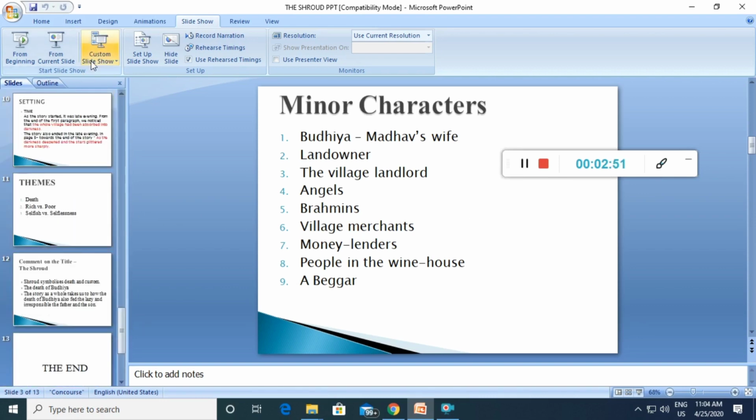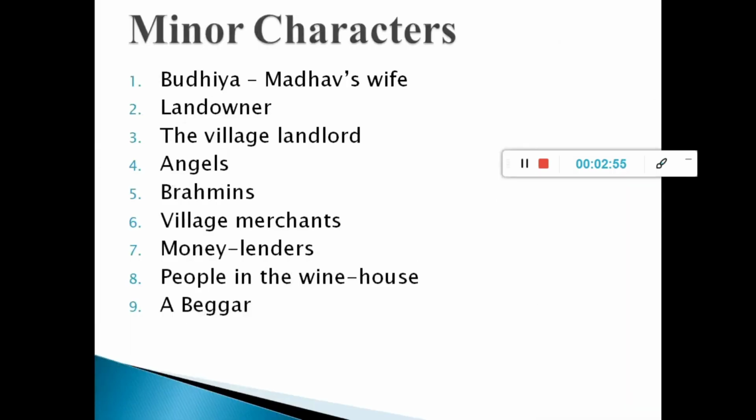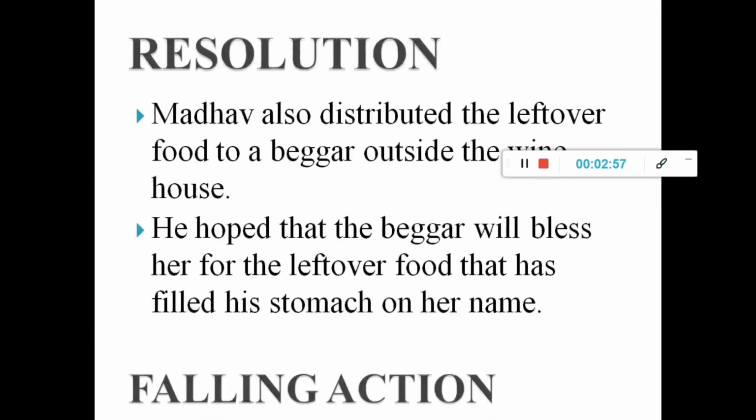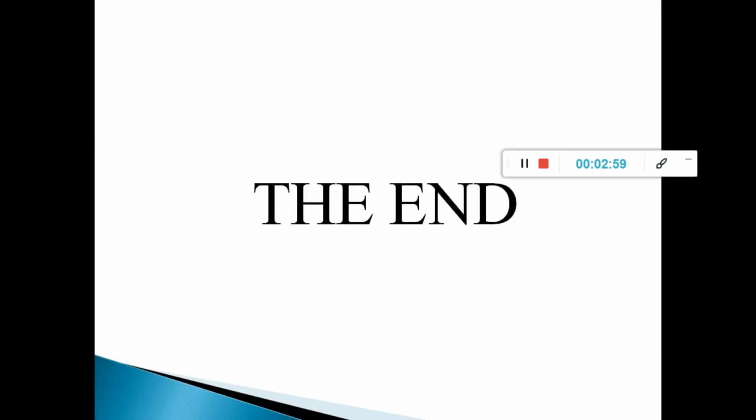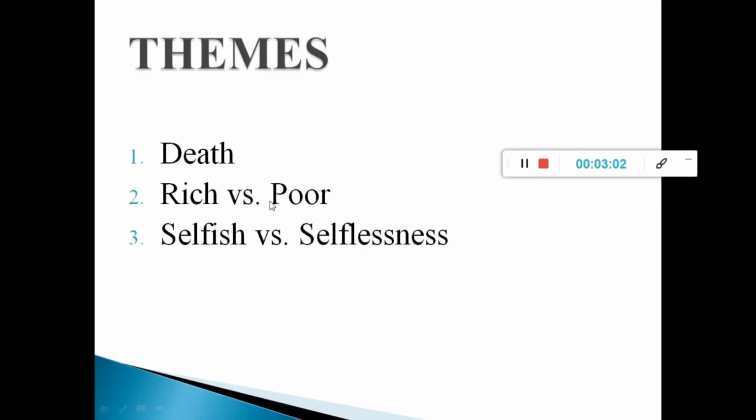And the next one, the poor characters in the short story: Madhav, who is the son, Gisu, who is the father, and even Budhiya, who is the wife of Madhav, represent the poor characters in this story.